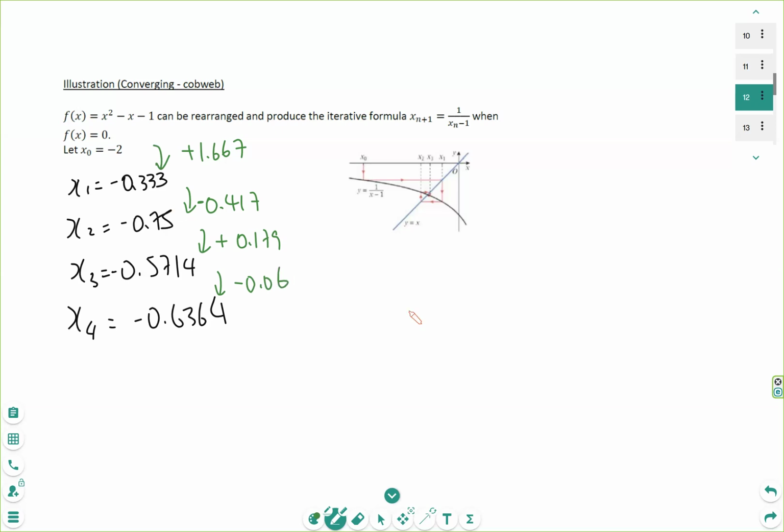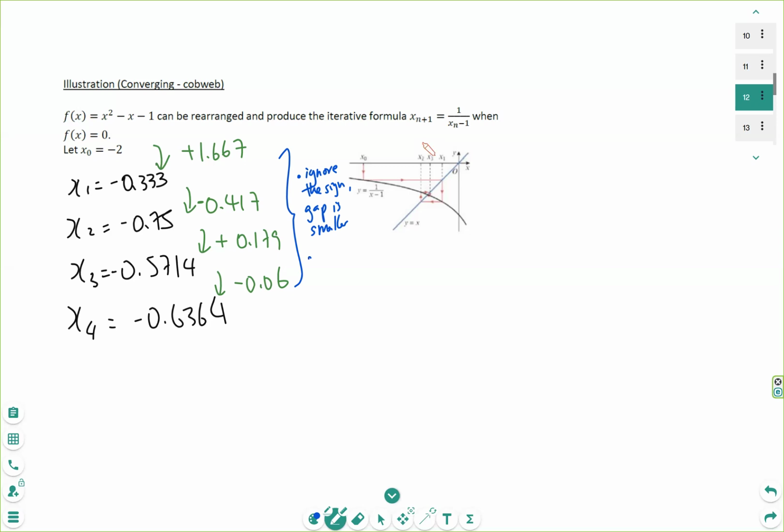Okay, so what can we tell? If we ignore the sign, there are two things we can see in here. First, the gap is getting smaller. Just look at the raw values: 1.67, 0.417, 0.179, 0.06.